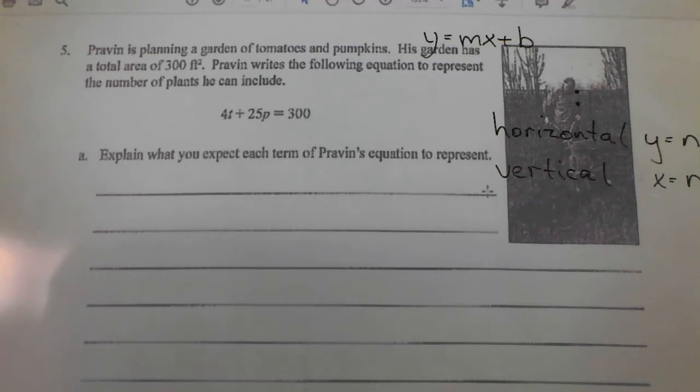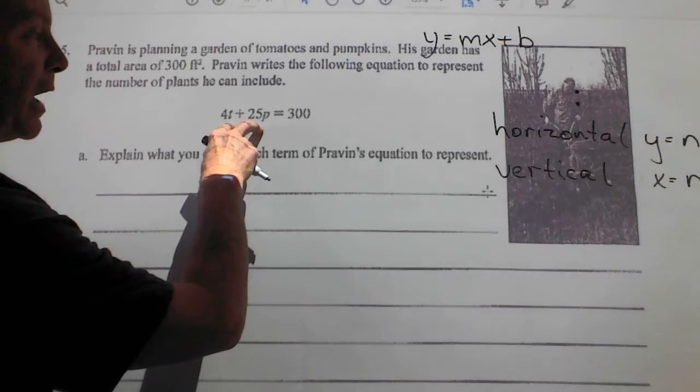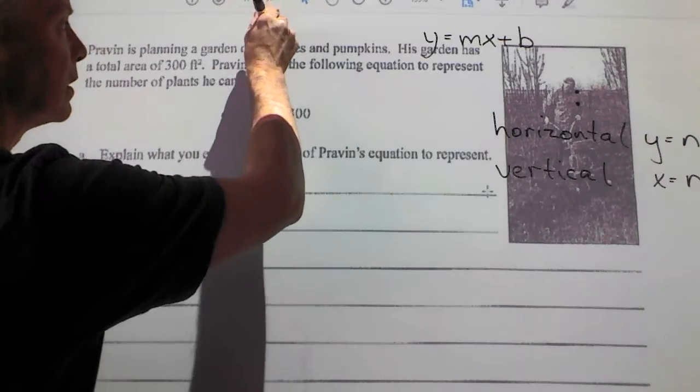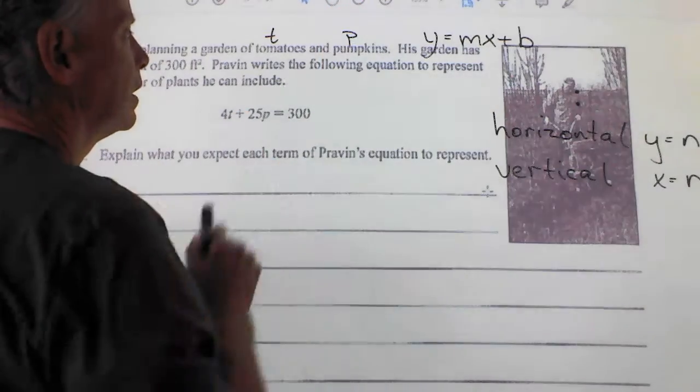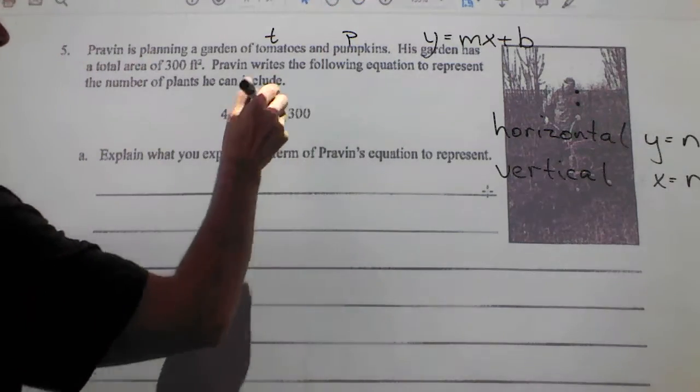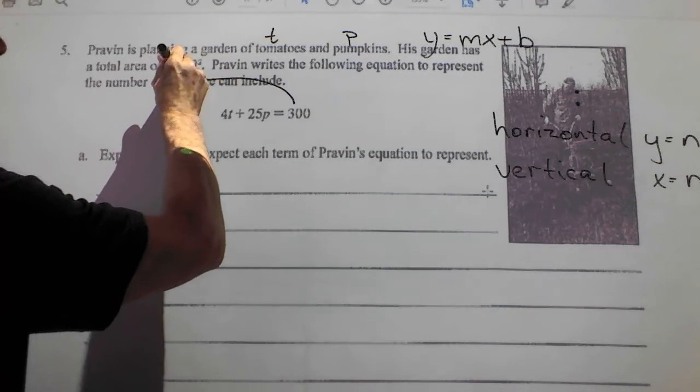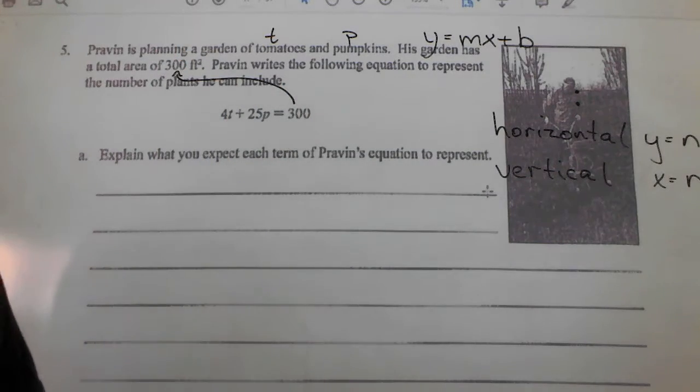His garden has a total area of 300 feet squared. Pravin writes the following equation to represent the number of plants he can include. As you might imagine, the variable t is for tomatoes, the variable p is for pumpkins, the number 300 is the area of his garden.